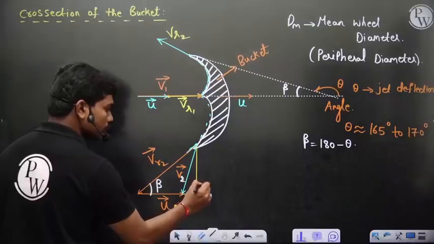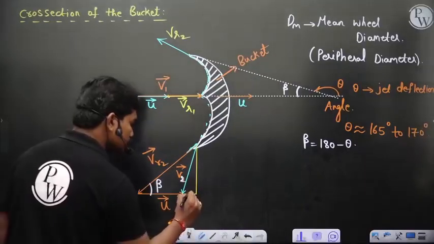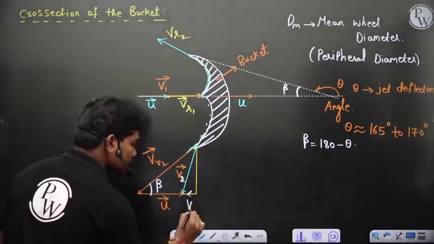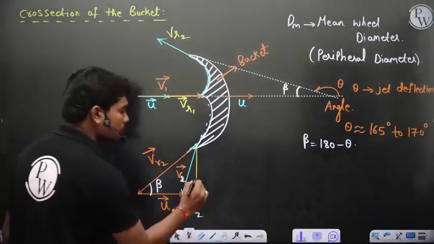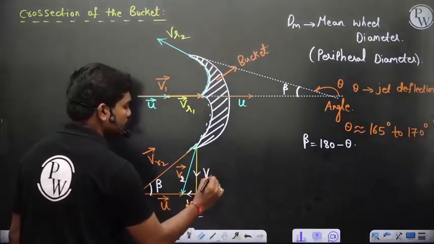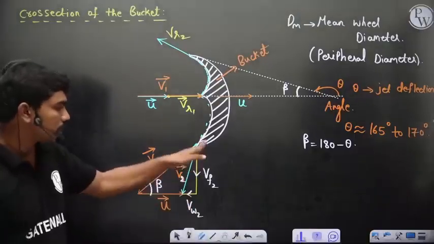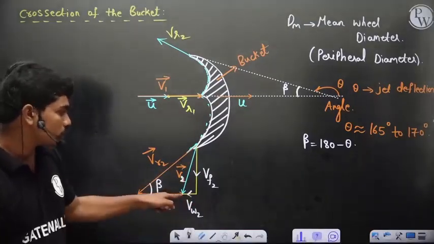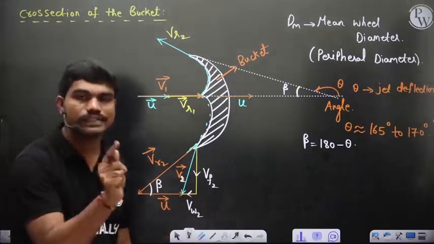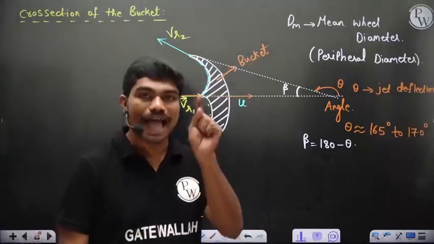You can clearly observe this small part, this is VW2, the tangential component, and this is the radial component, which is VF2. The direction perpendicular to the tangent is the radial. So this is VF2, because the tangential and radial components should always be the resolution of the absolute velocity vector.